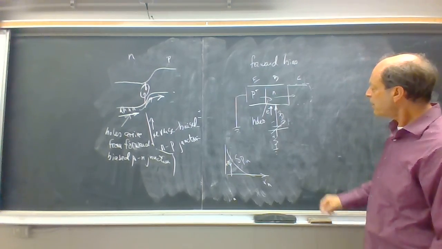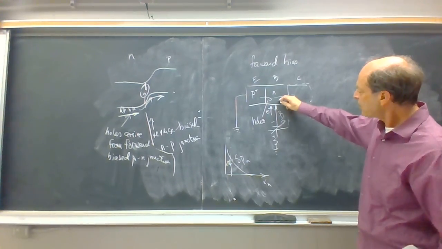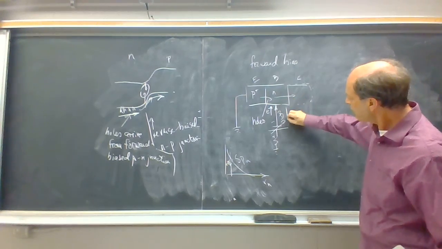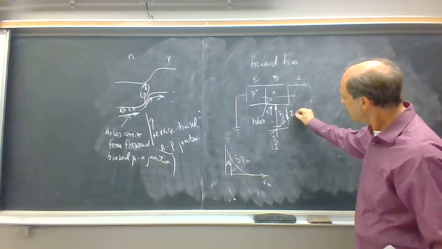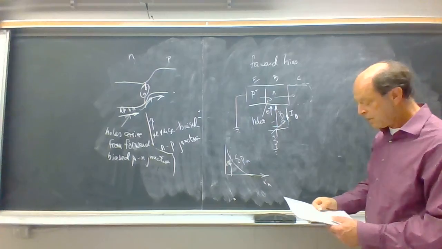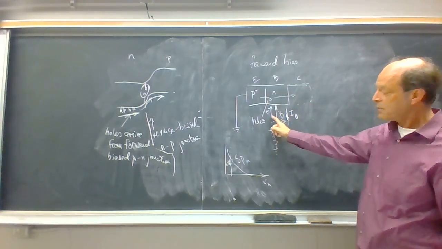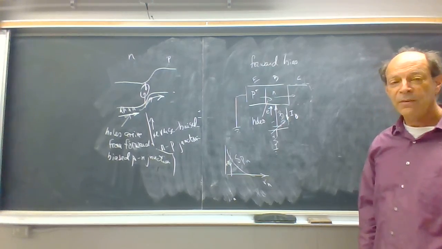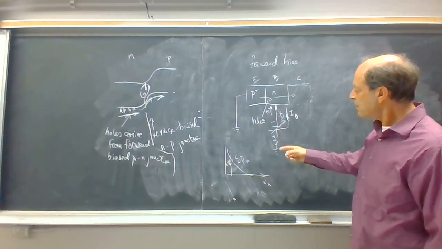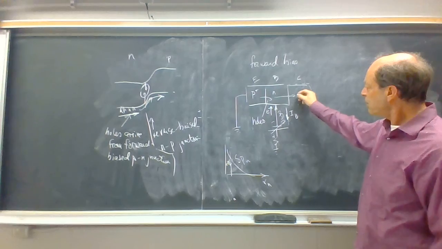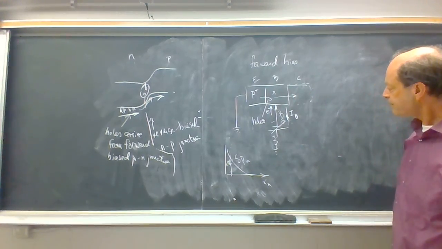So as a result of that, the current flowing into the base would flow this way. And that base current, of course, by convention, flows in the direction opposite to the electrons entering the base. And the majority of the holes will flow through into the collector.